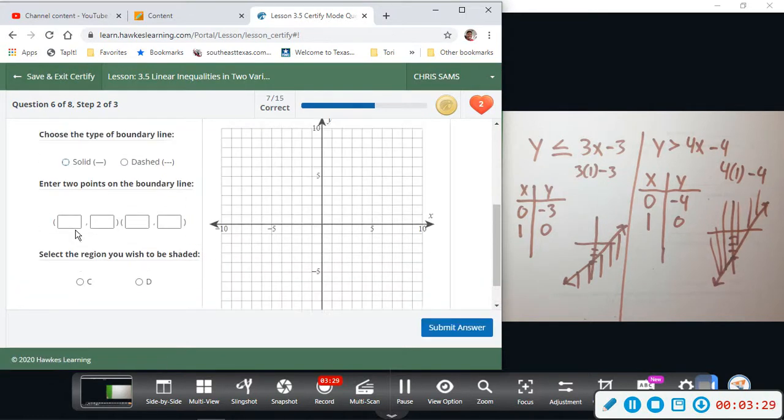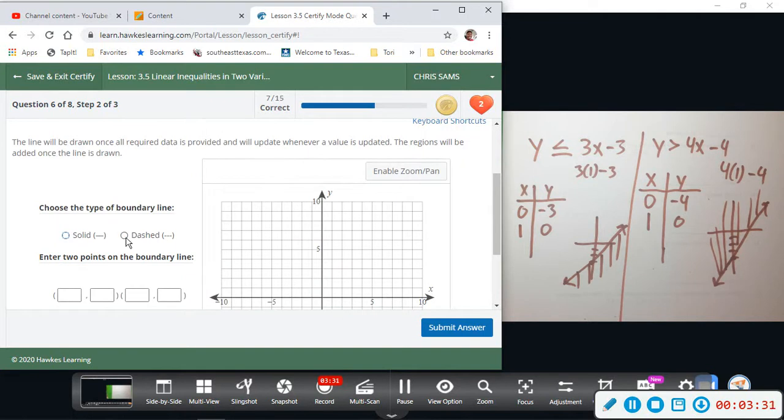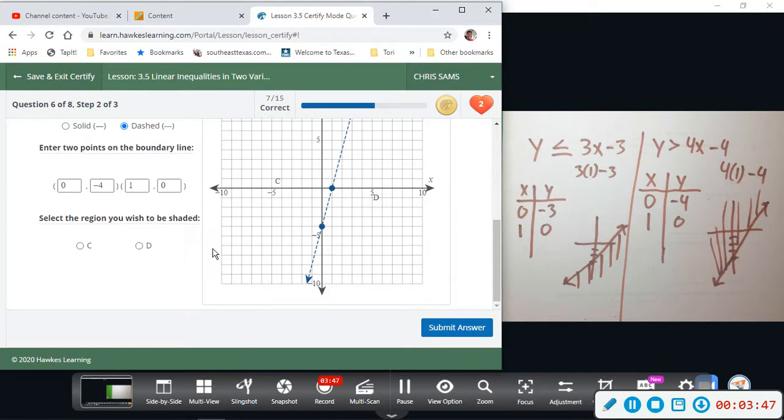Alright, on the second one, which we've solved already, that's going to be a dashed line. It does not have an equal to below that one. Ordered pairs we got were 0 and negative 4. And then the other ordered pair was 1, 0. And then we wanted to shade above because this one said y is greater than. So that would be C, above the line, going upward. So that's the C section.